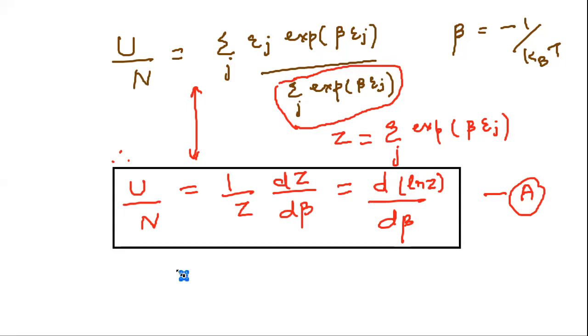I repeat, this equation A depends only on the definition of Z, which is the same for gases as for localized particles. So we can make use of this equation here also, but we have to take into consideration our Z. We have to take Z, which is valid in our case, but this expression can be used.